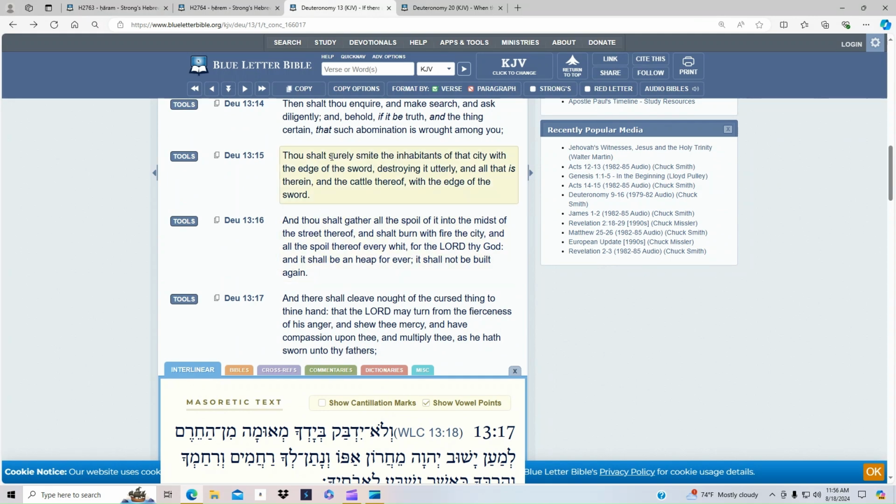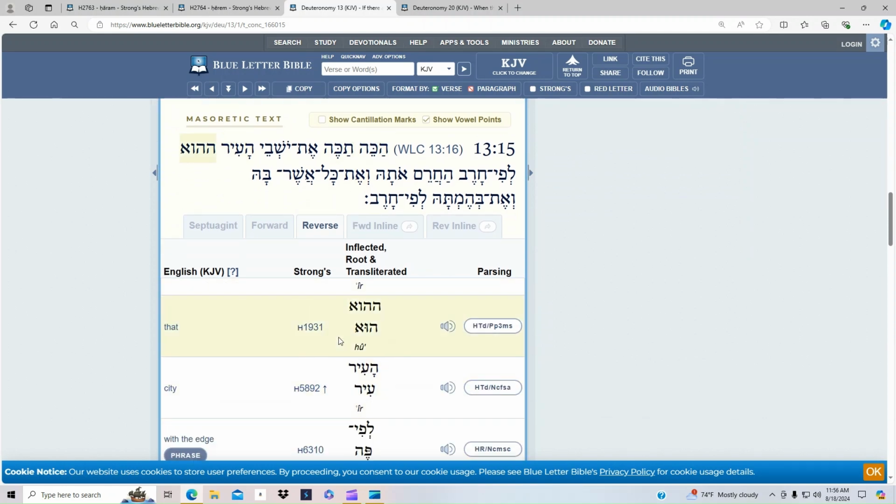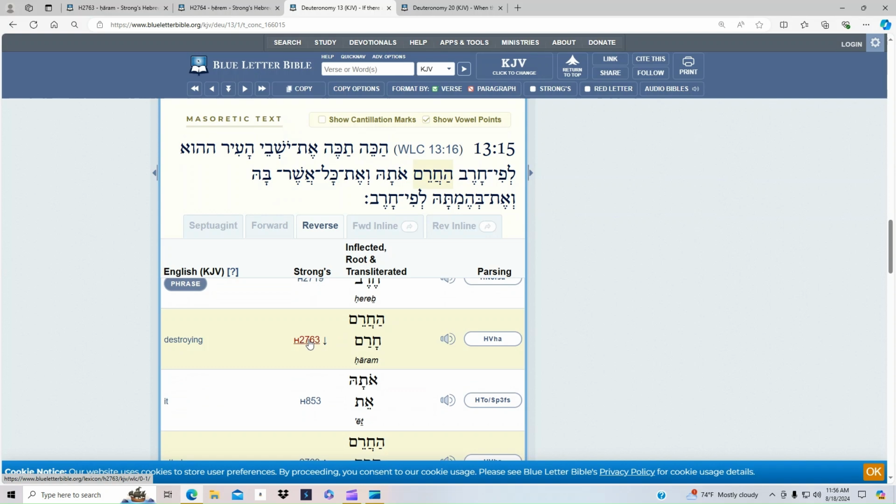It says, "Thou shalt surely smite the inhabitants of that city with the edge of the sword, destroying it utterly, and all that is therein, the cattle thereof, with the edge of the sword." Well, once again, we see that it is the same destroying, the same Hebrew word we've been talking about.